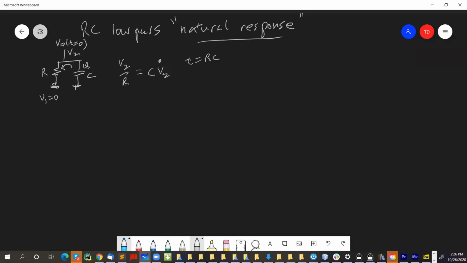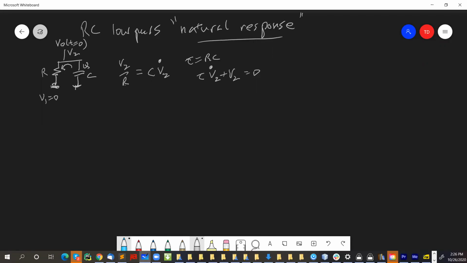So it obviously has the units of time. So then I can say tau V2 dot plus V2 equals 0. Okay, that's the differential equation.